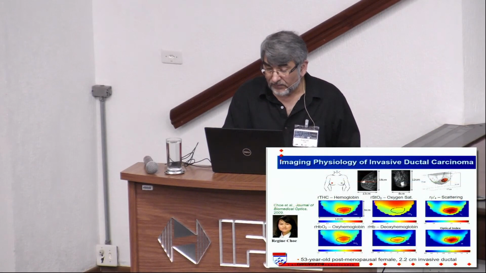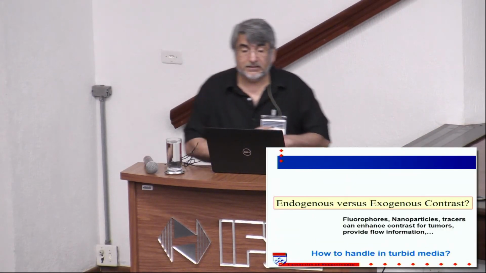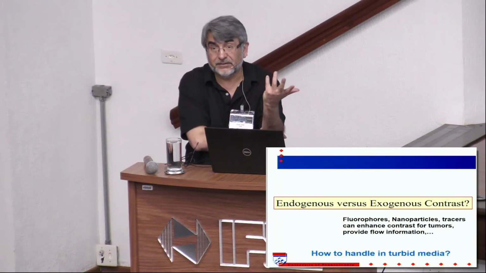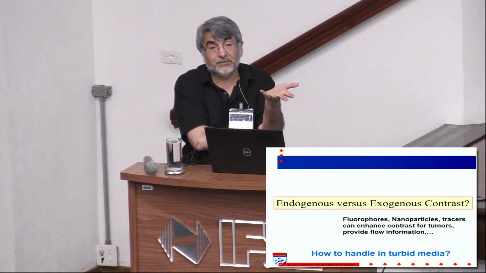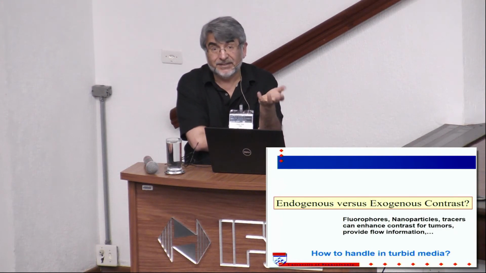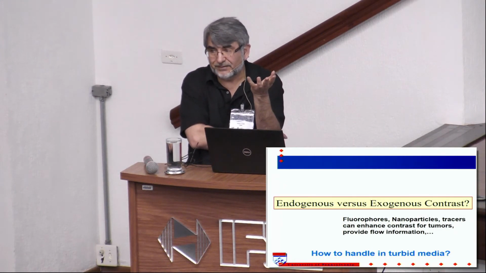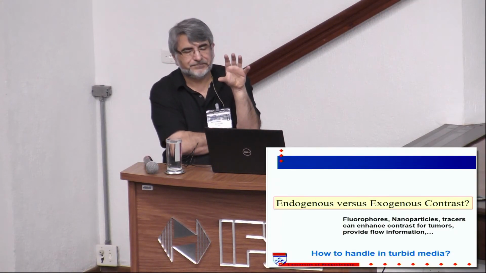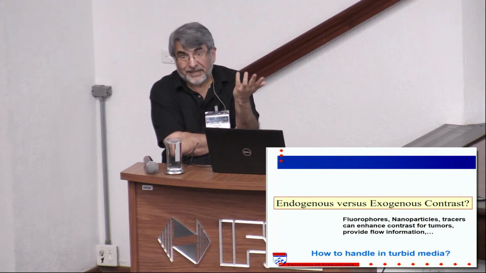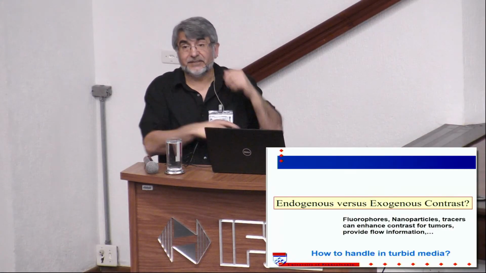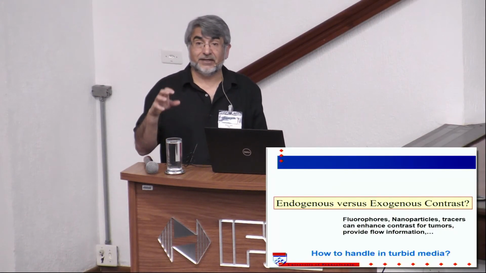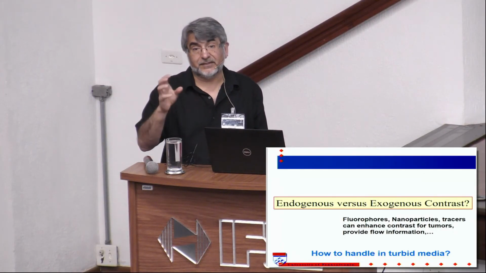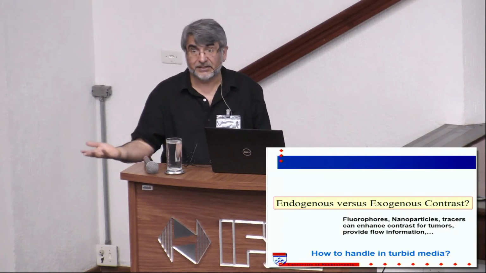And then one more thing I wanted to mention that I hadn't said anything about, and that is endogenous versus exogenous contrast, okay? So everything I've been talking about so far as physiology is mainly relying on vascular effects, but it's entirely relying on the fact that your tissue physiological properties have to be different in a disease state compared to a normal state.